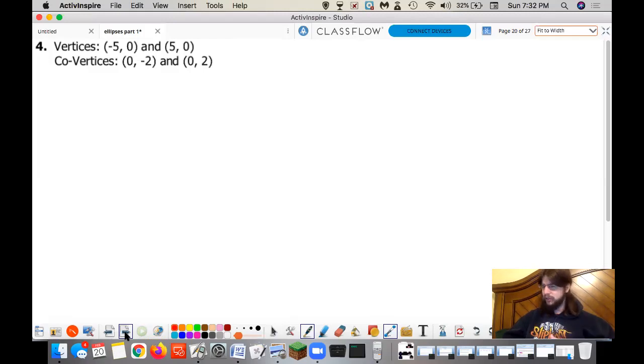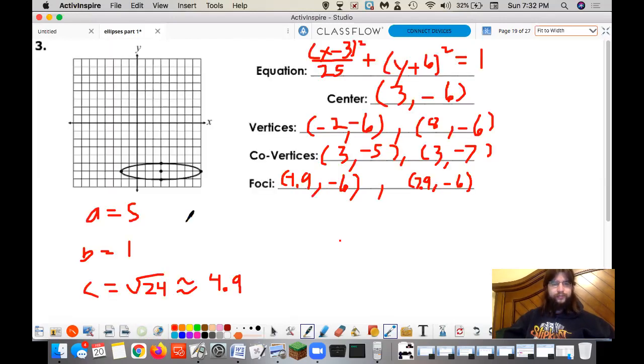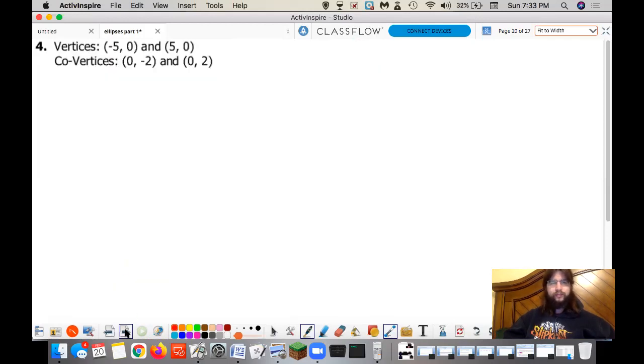What about the center? Oh, let's look at a picture. The center is right in the middle of either our co-vertices or our vertices. So we're going to use the midpoint formula. And it doesn't matter if you pick the vertices or co-vertices to get your center.